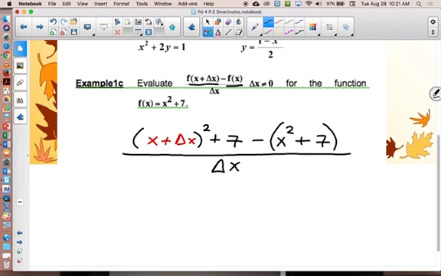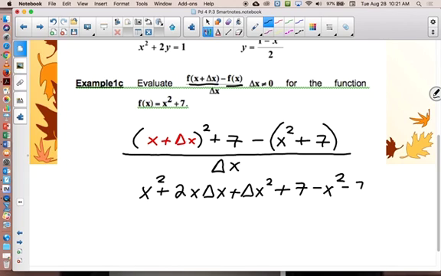So what we have to do is simplify this thing. I'm going to FOIL the first quantity. And then I'm going to distribute the minus sign. Anytime you do a difference quotient, if you do it correctly, what is going to cancel out all the time is the last stuff.